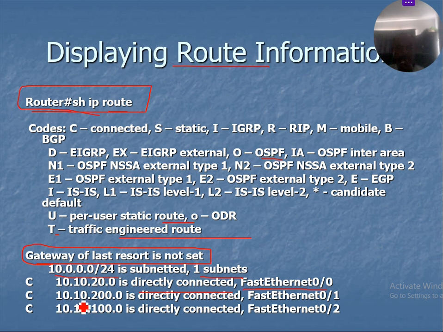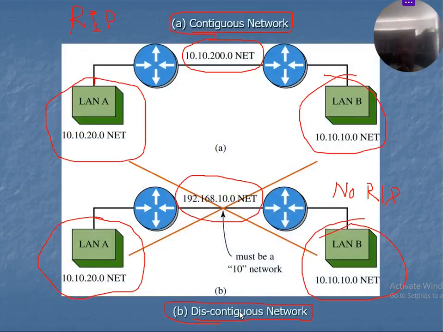There is also another class C, 10.10.200.0, which is directly connected on Fast Ethernet 0/1, and then 10.10.100.0 is directly connected on Fast Ethernet 0/2. Now you can see them directly from the campus configuration, the one we showed before.